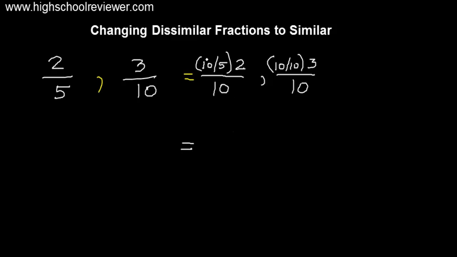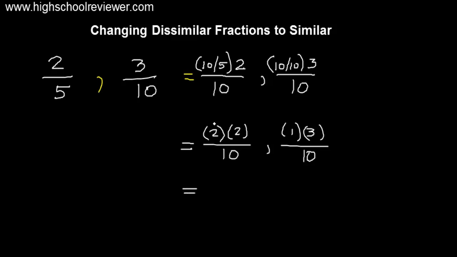And we will have here 10 divided by 5, that is 2, multiplied by 2 over 10. And 10 divided by 10, that is equal to 1 multiplied by 3 over 10.